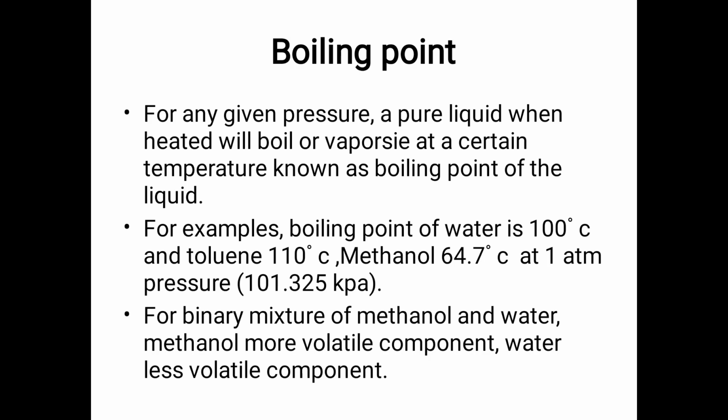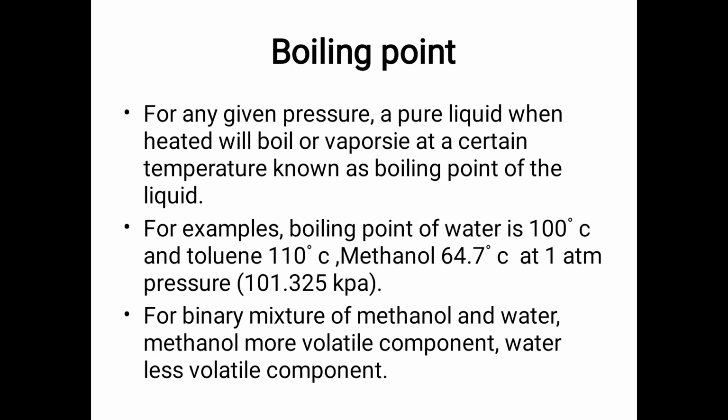Once the water reaches 100 degrees Celsius, the vapor is released automatically. Toluene has 110 degrees Celsius. Methanol is 64.7 degrees Celsius at 1 atmospheric pressure, that is 101.325 kilopascal.